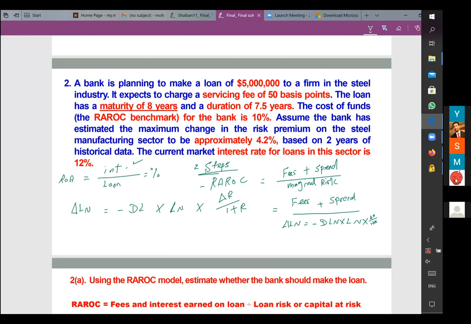I can actually calculate very fast, because I need the fees, I need the spread, I need the risks.